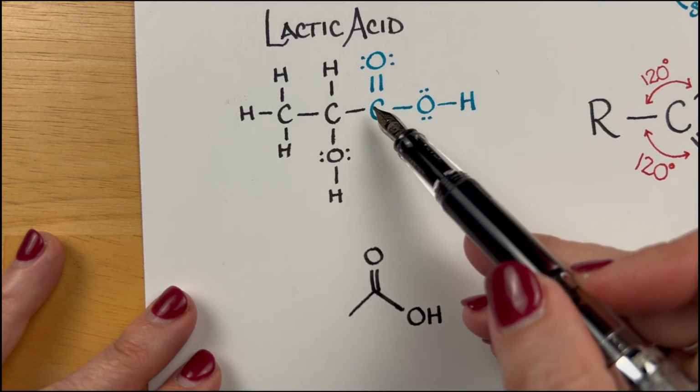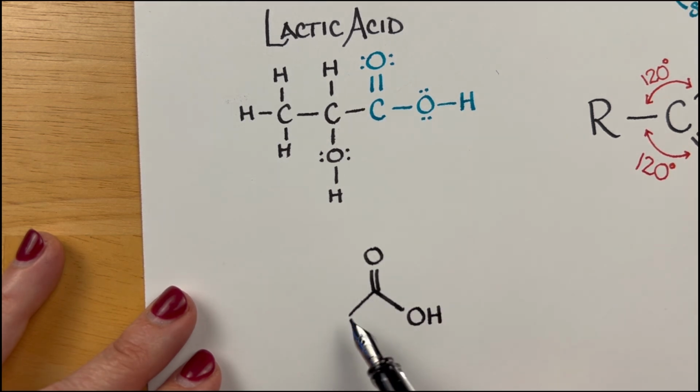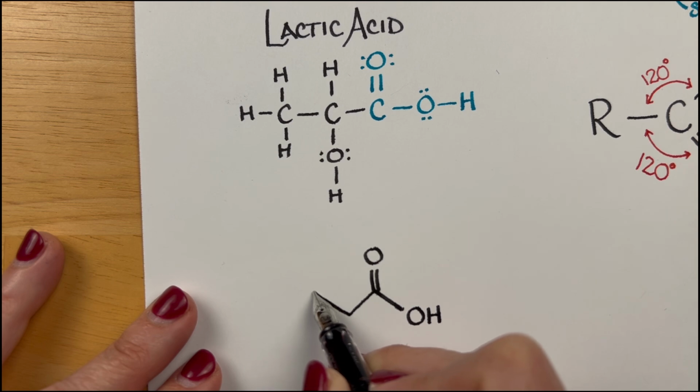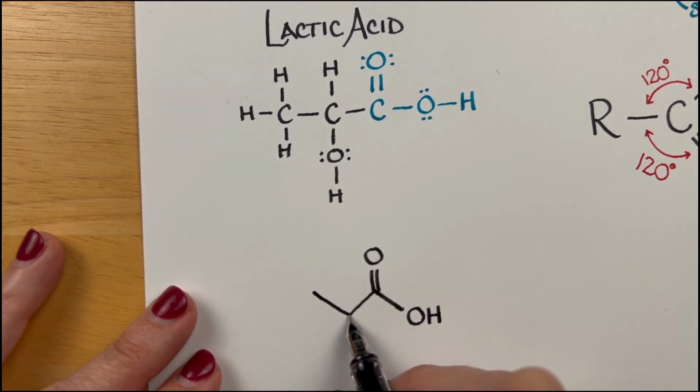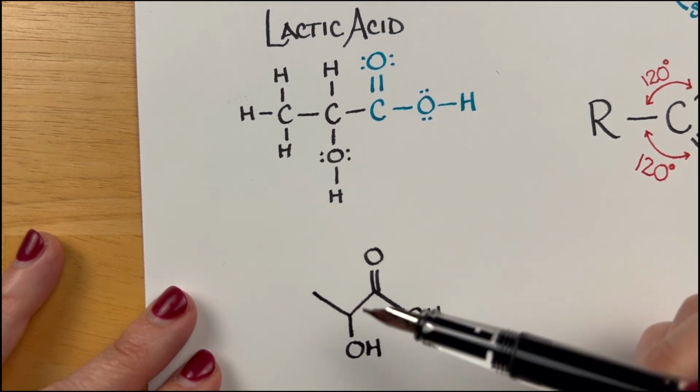And so this carbon is then bonded to this carbon, so there's that carbon. And this one goes up to be bonded to this one. And here is the alcohol group that is coming off of this carbon right there.